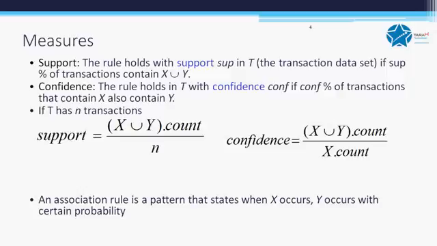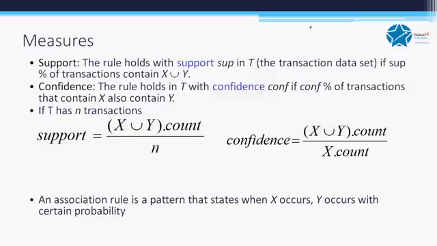from a support perspective, it is about understanding the number of transactions which contain both bread and peanut butter. There are 3 transactions out of the total 5, so it becomes 60%. In another case, if you look at beer and bread, they are together occurring only in 1 transaction out of 5.